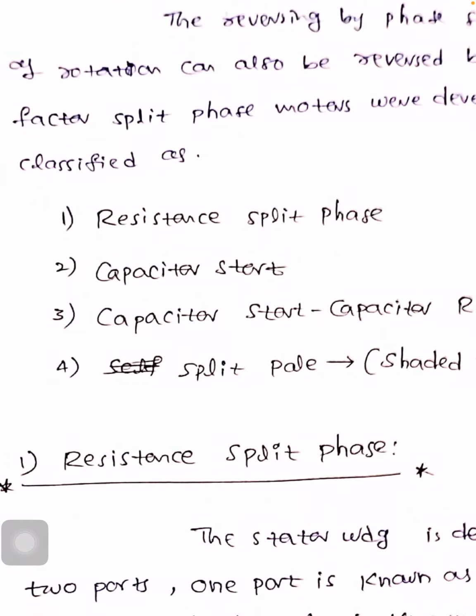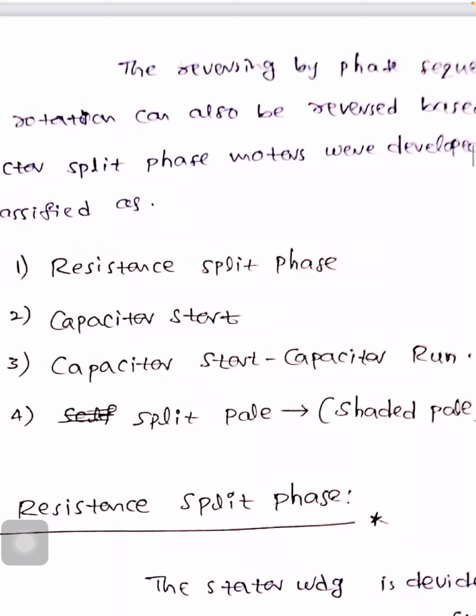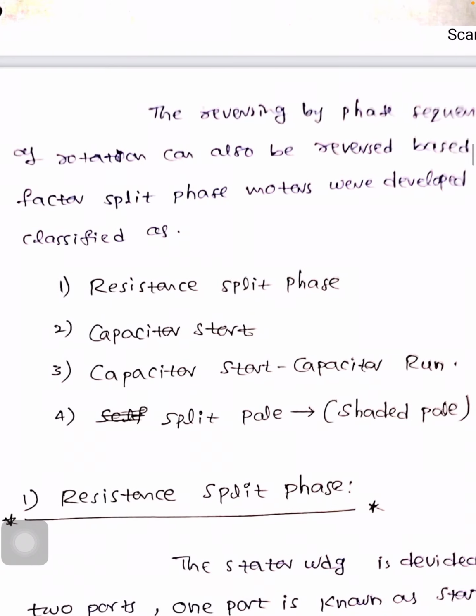Now what are those types of single phase induction motors, right? One is called the resistance split phase single phase induction motor, the other one is the capacitor start single phase induction motor, and the third one is the capacitor start capacitor run single phase induction motor.